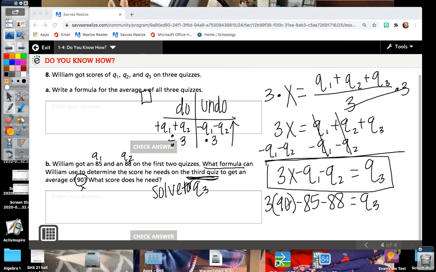So we have 3 times his average of 90, minus the first quiz and minus the second quiz. Plug it straight into your calculator exactly how you see it, and you're going to get 97. So if he wants to get an average of 90, he has to make a 97 on his next quiz.